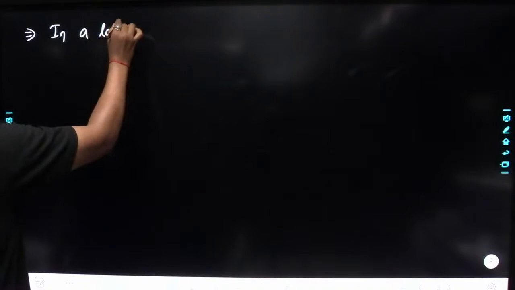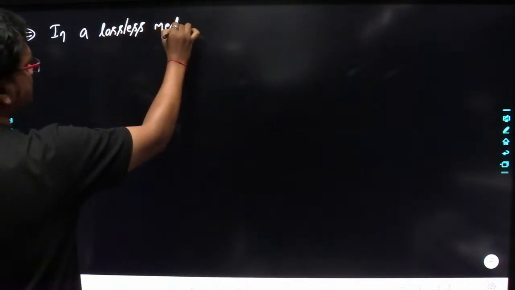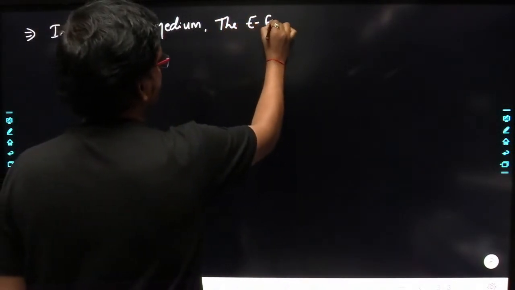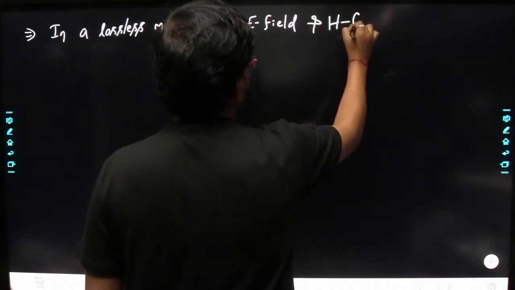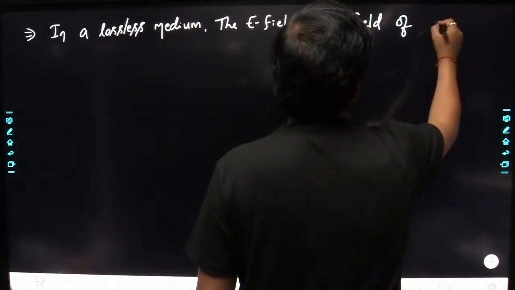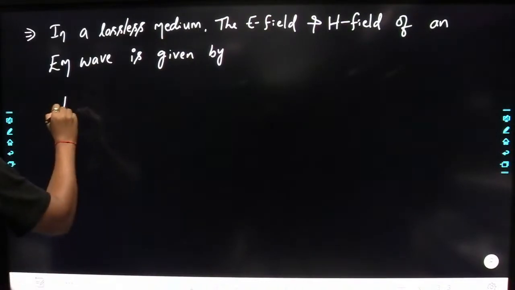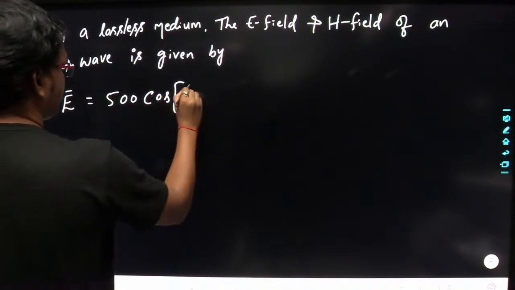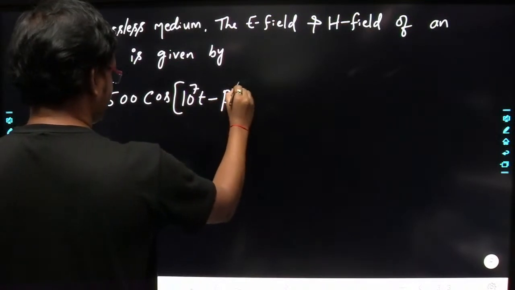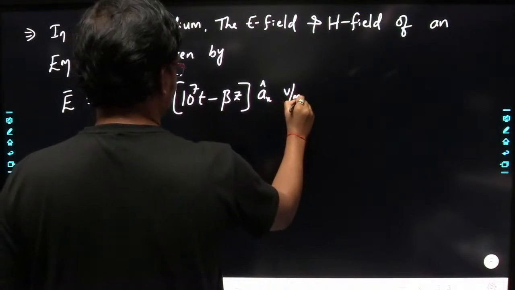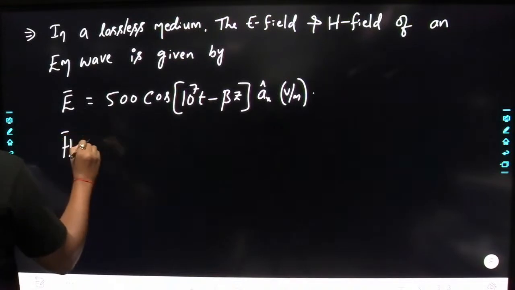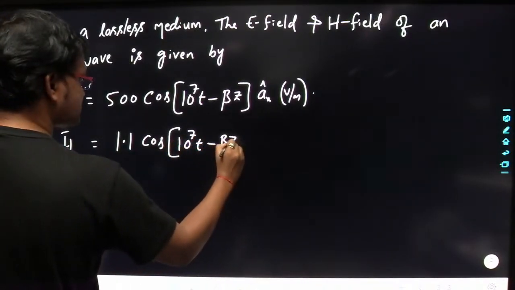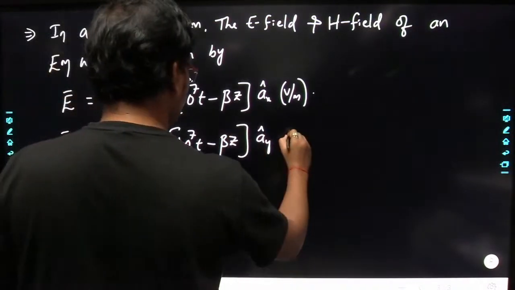Next problem. In a lossless medium, the electric field and H field of an electromagnetic wave are given by E bar equals 500 cos of 10 to the power 7 t minus beta z ax cap volt per meter, and H bar equals 1.1 cos of 10 to the power 7 t minus beta z ay cap.